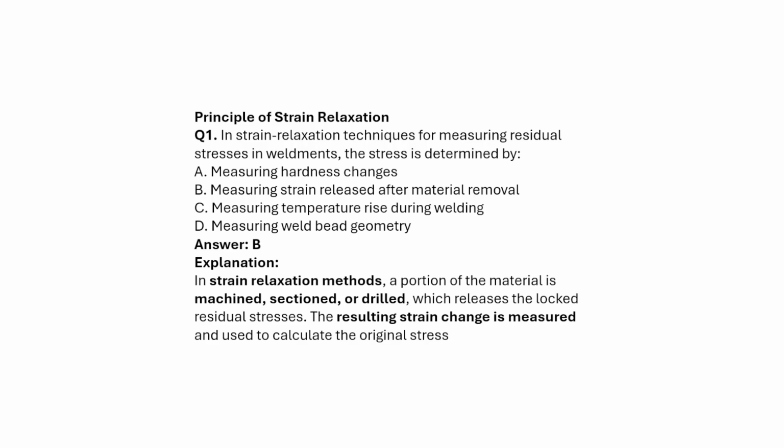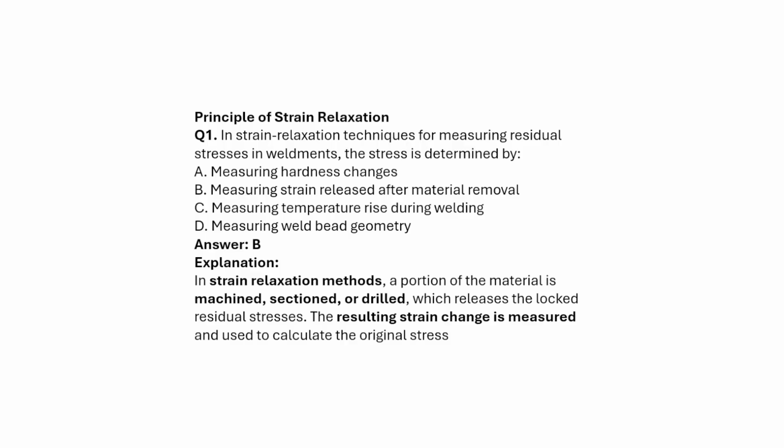Next, in the strain relaxation technique for measuring residual stresses in weld metals, the stress is determined by: A, measuring the hardness changes; B, measuring the strain release after material removal; C, measuring the temperature range during welding; D, measuring the weld bead's geometry.